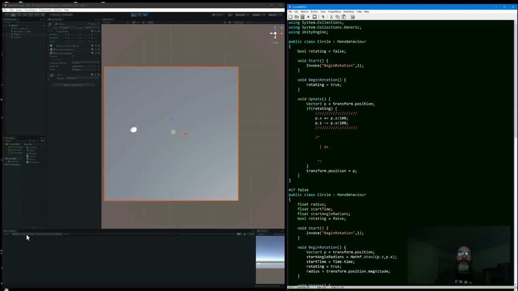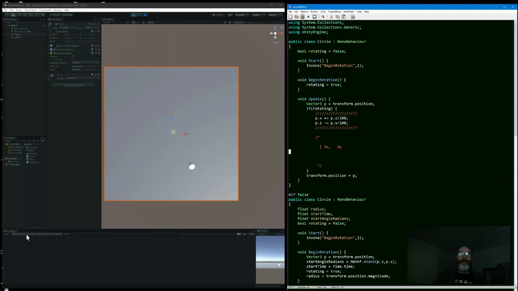So you could have xx, xy, and then yx and yy. I can draw it out like this. So this is a matrix, a 2x2 matrix.